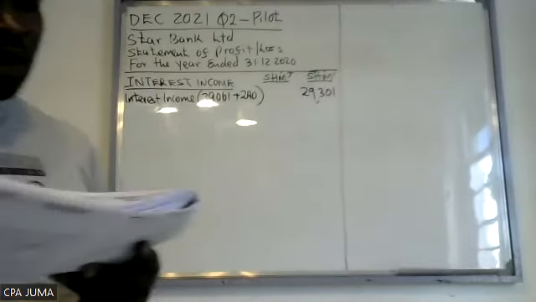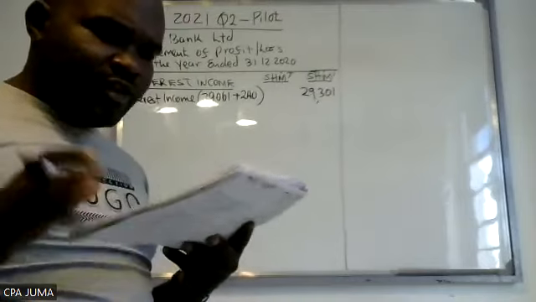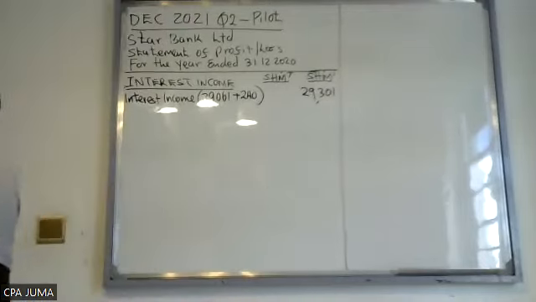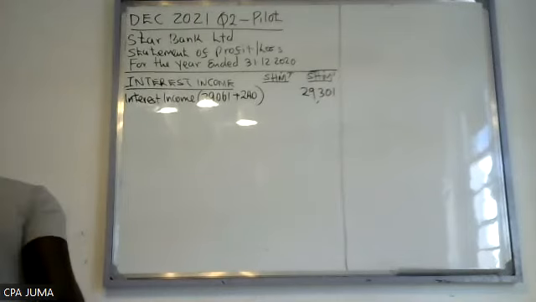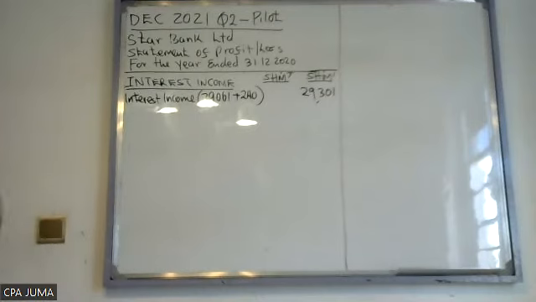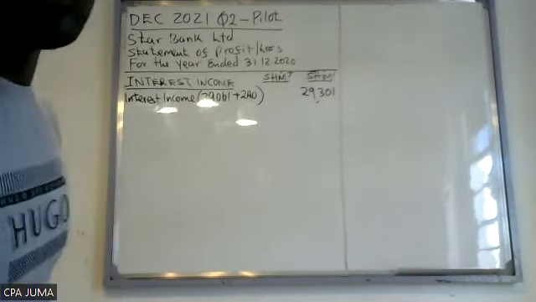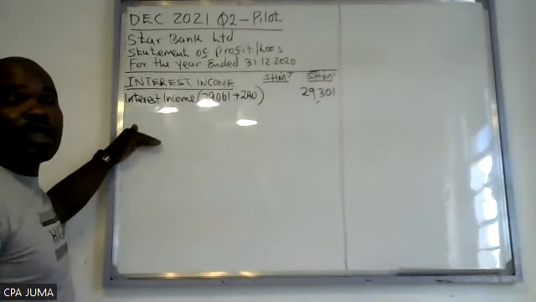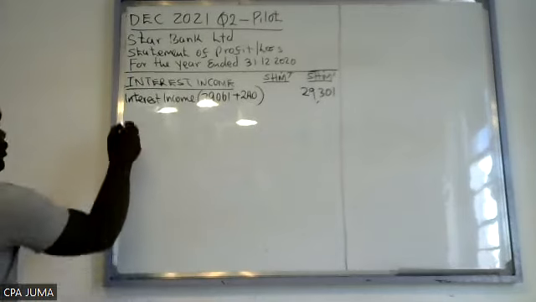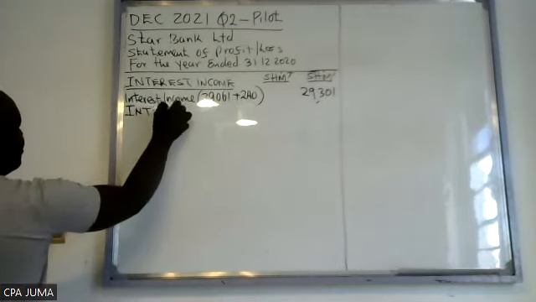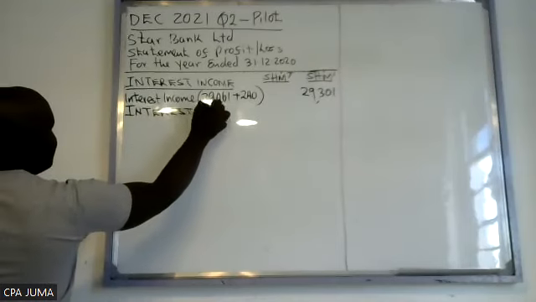Then there was no other interest income, otherwise you could have stated it here. So you need to tell us the interest expense.